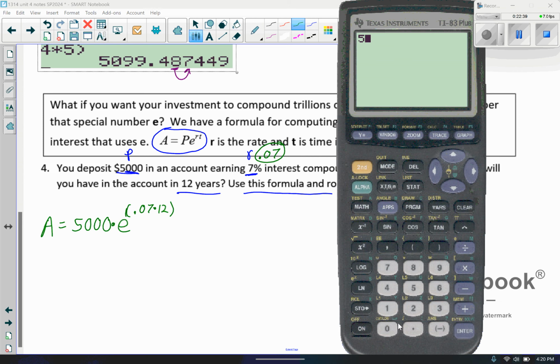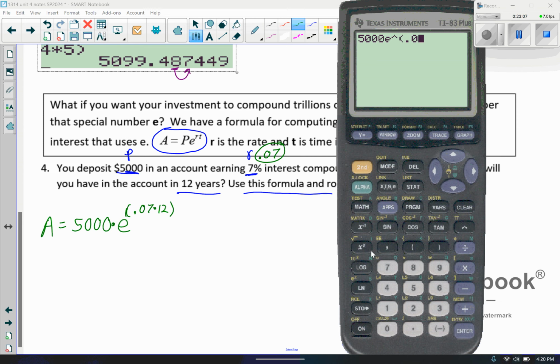The other option would be, if you look over here by my division button, I also still have to press the yellow button first and it will give me e. But it won't give me to the power of. So then I'd have to type that and then open up a parentheses. So it's probably better if you use the other button, because what I like about it is it automatically opens that parentheses for you, like e to the power of parentheses.